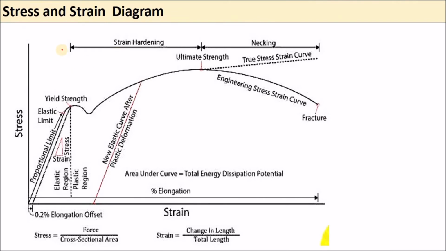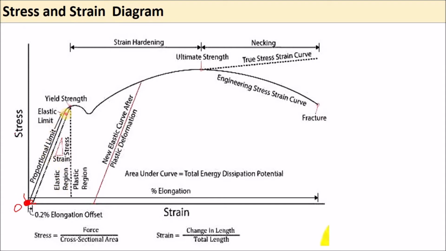Look here, this is the stress strain curve for simple mild steel. Initially, when we apply load, stress and strain both start at point 0. When we apply the load up to some limit, stress is directly proportional to the strain.